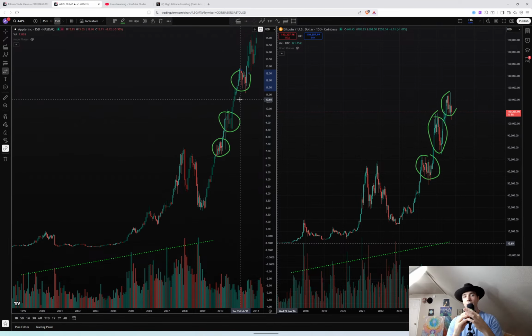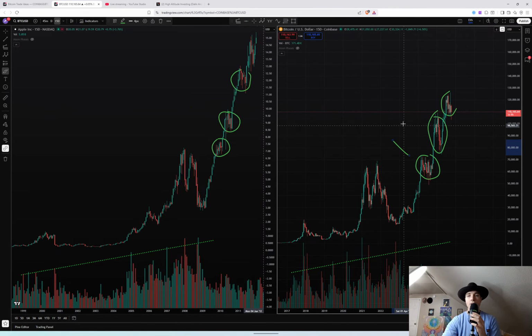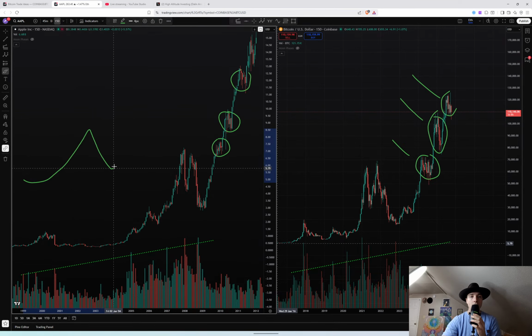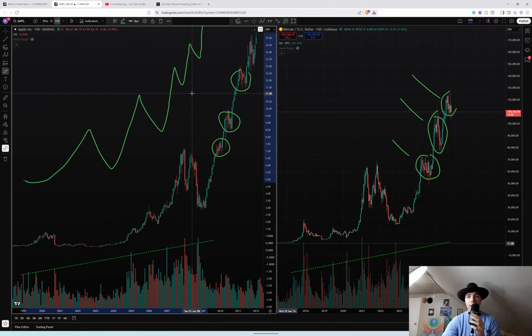They're very similar, though, which is one of the reasons why every time these corrections happen, I've been looking at this Apple Bitcoin comparison for quite some time now, and every time these corrections have happened, I've remained bullish, partially because of the way that markets move. When you start these big uptrends, you're going to have some big corrections, but you're also going to have lots of little ones that just lead to more continuation.